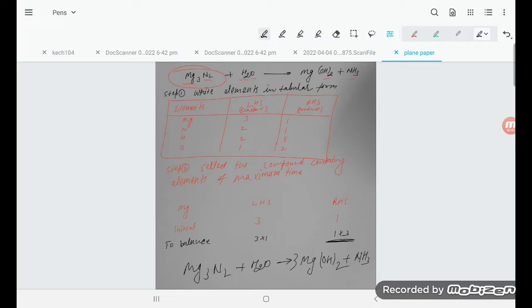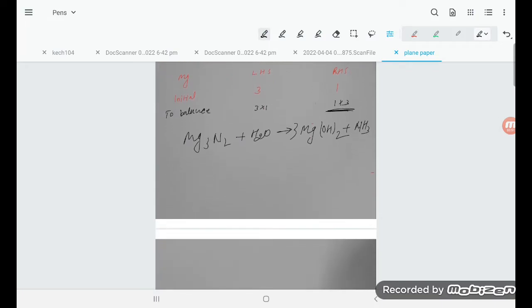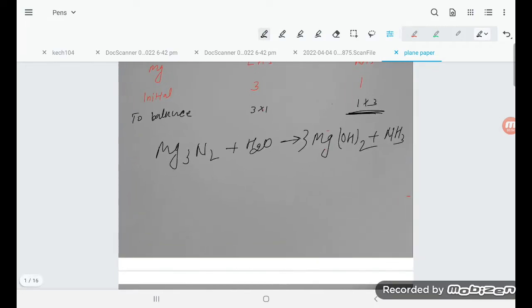Now we are going to balance another atom. Let us balance nitrogen, students, because here nitrogen is 2 and on this side nitrogen is 1. So step number 3: balance N. Initially, how many nitrogen atoms are there?